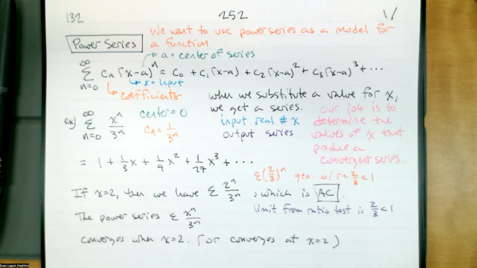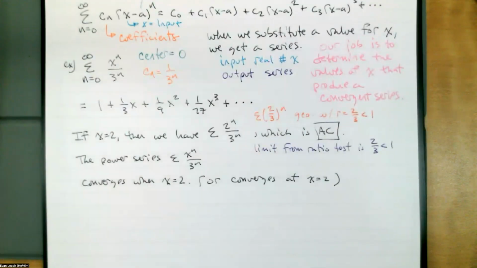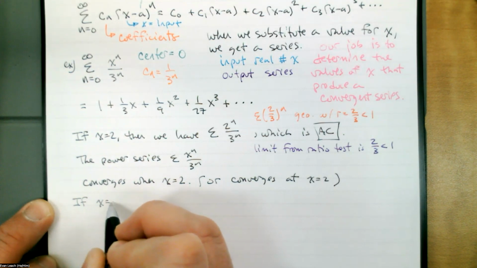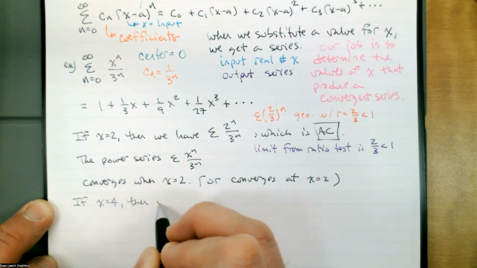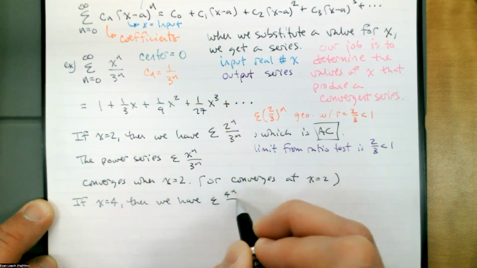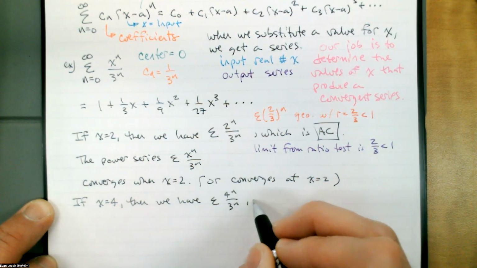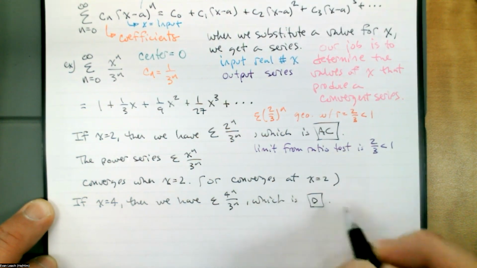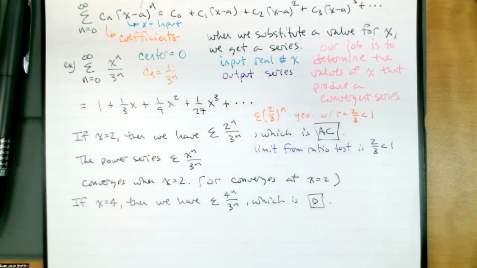But if I plug in something bigger than 3, then the series diverges, or we get a divergent series. If x equals 4, 4 to the n over 3 to the n diverges. The limit of the terms goes to infinity, so the limit of the terms is not 0.